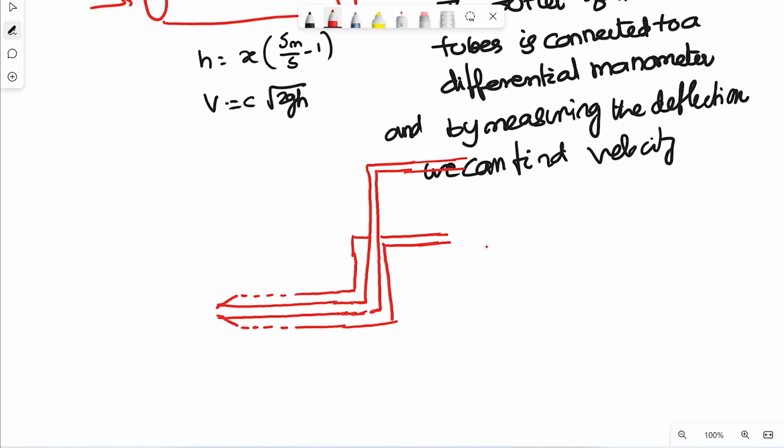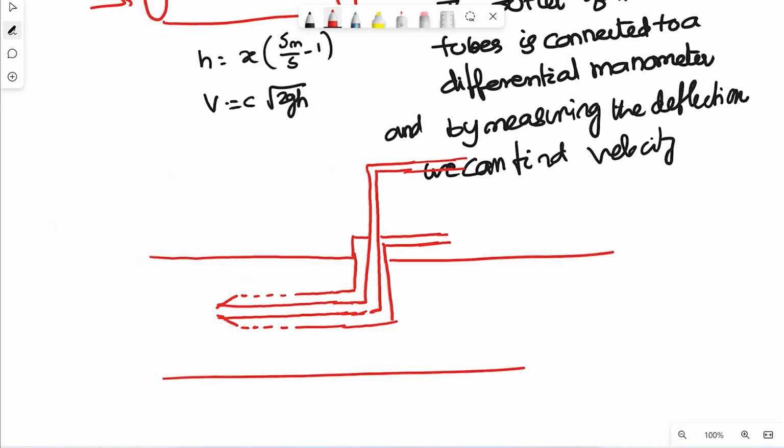Now what we are going to do: suppose I keep it in the water. So this is the pipeline. Both of these two ends are connected to a manometer; I will show you in the figure, because here it is very difficult to show.